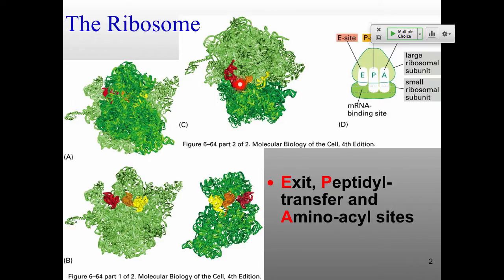But just really quickly, as review, we've got our large subunit of the ribosome, the small subunit of the ribosome, each with 3 tRNAs, which are bound right between the large and small subunits. So this is those 2 together. The light green is the large. The dark green is the small subunit. That's looking at it from the side. Here, looking at it from the top. These guys are really squeezed between those 2 particular subunits. And then the messenger RNA is down at the bottom.